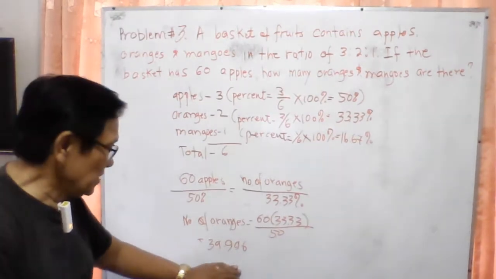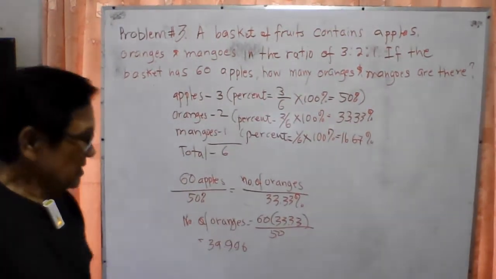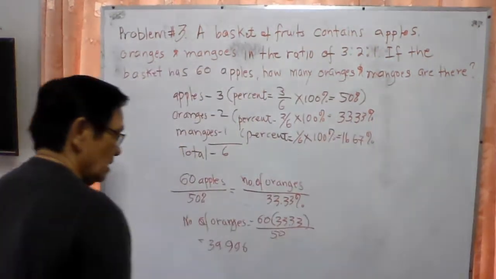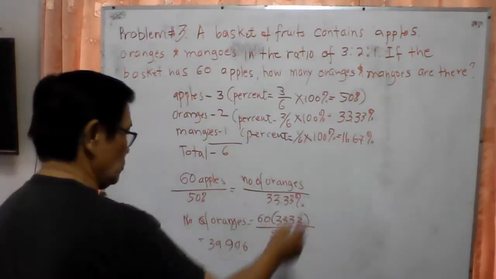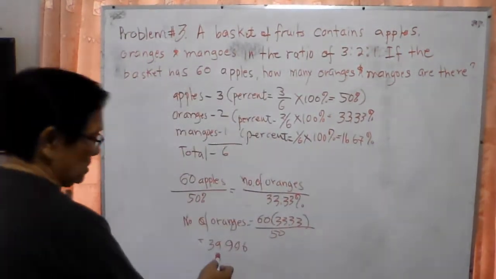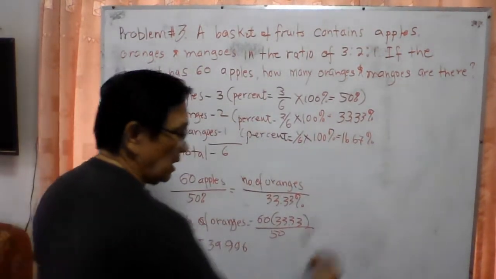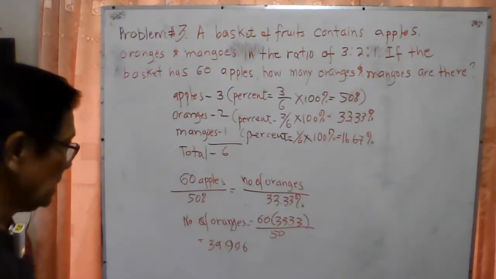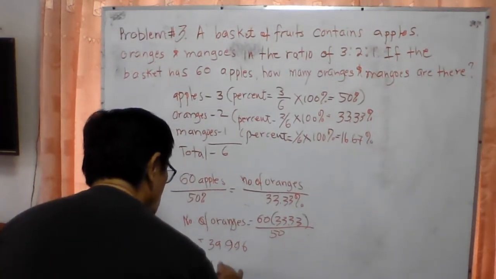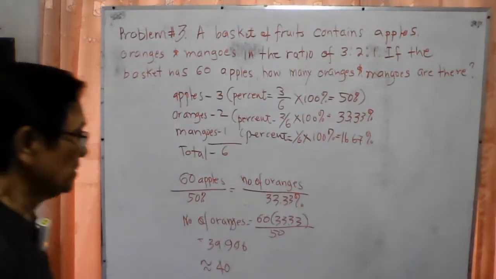The reason for this, of course, is, as I said earlier, the rounding off here. This is supposed to be 33.3333 here, and this is going to be 39.99999. And for all practical purposes, this can be rounded up to 40.